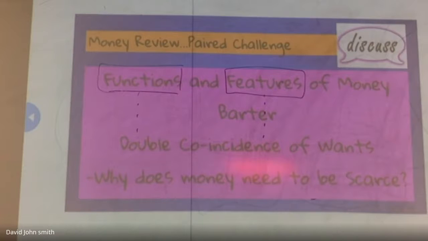So when you start talking about why banks might increase or decrease the amount of money, have an effect based on the functions and features of money. Another 30 seconds or so.